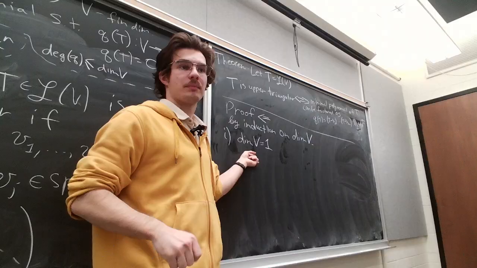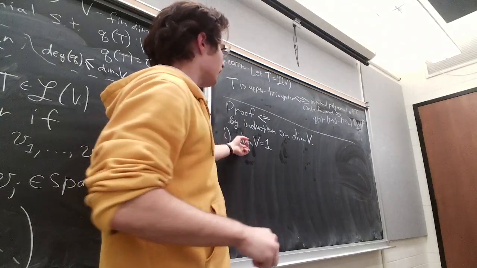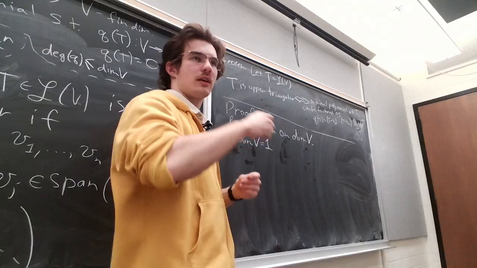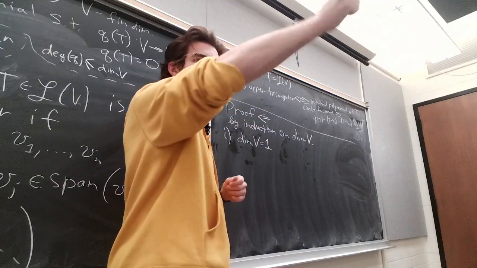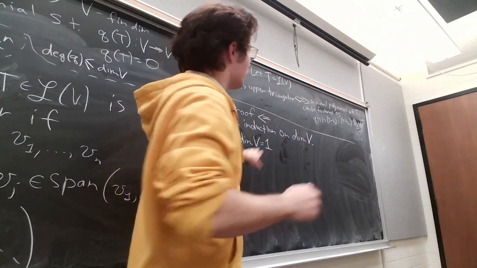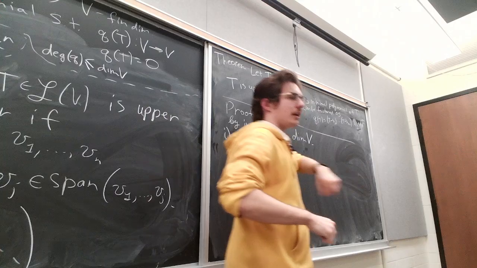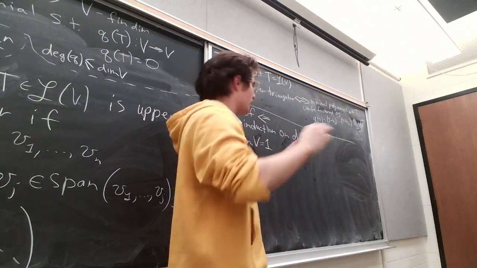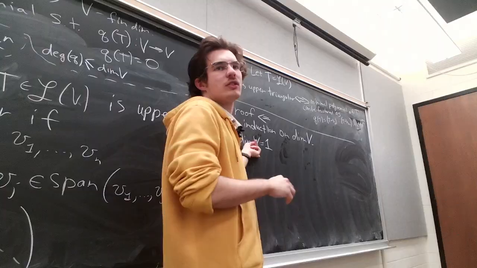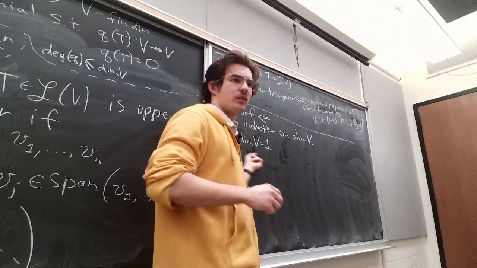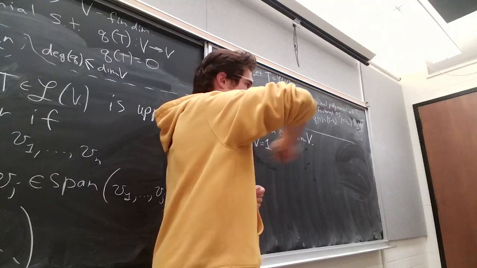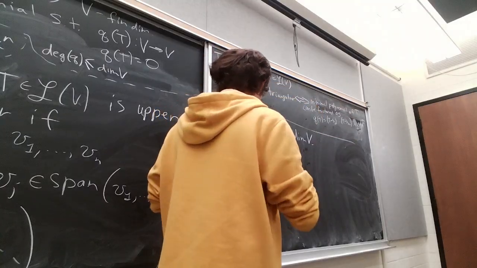Then that operator just scales by some number. If I know that T minus lambda is what kills it, then it's upper triangular. In fact, it's always upper triangular because it's a one-dimensional thing. Do you agree? Every operator on a one-dimensional space is upper triangular. So done.